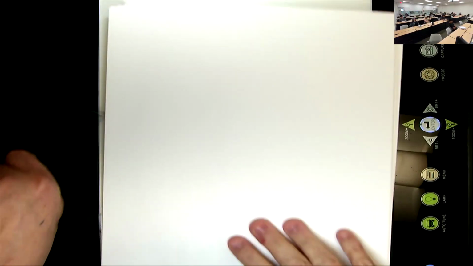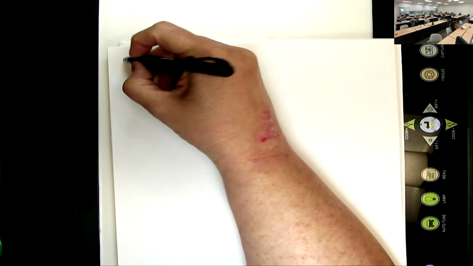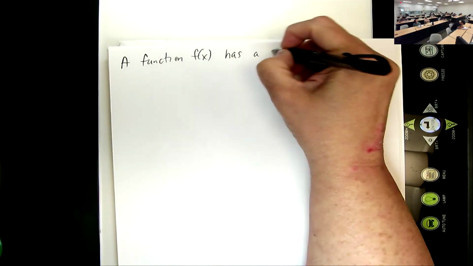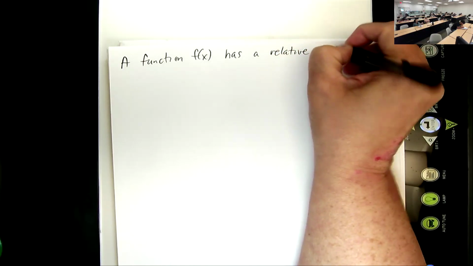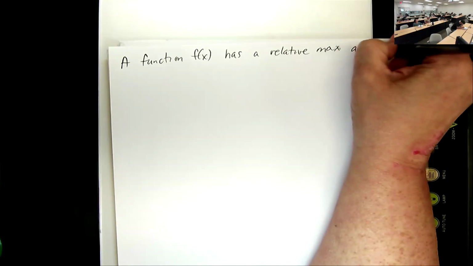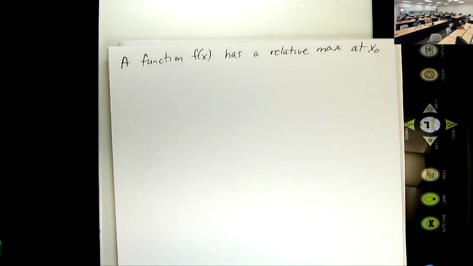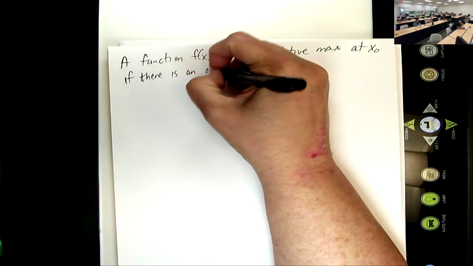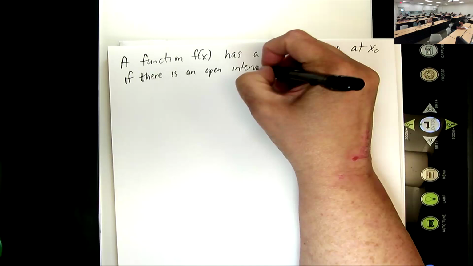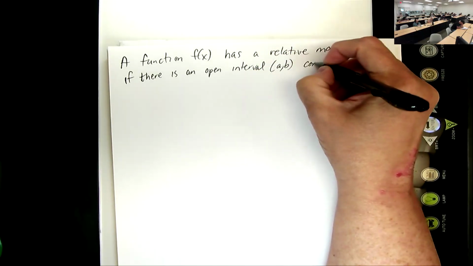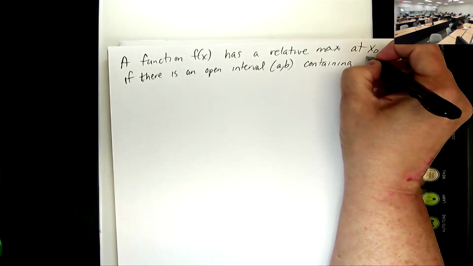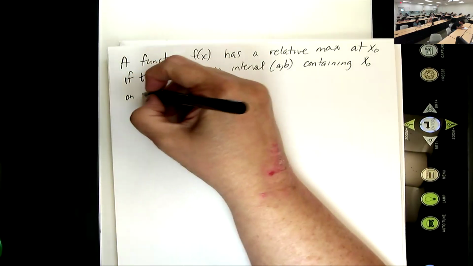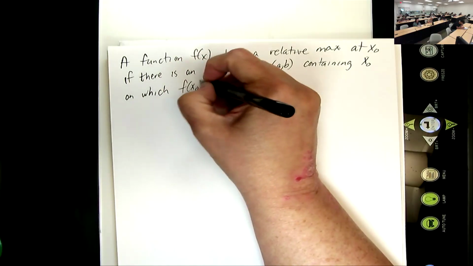So we say that a function has a relative max at x naught if there is an open interval a to b containing x naught, so x naught is in the region, on which f of x naught is the largest value.